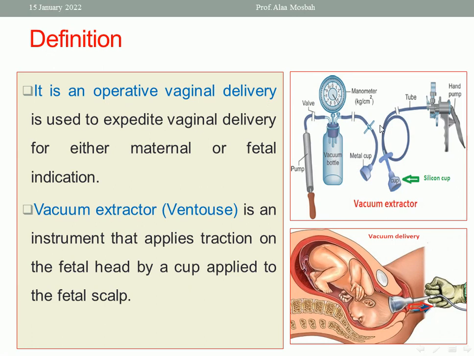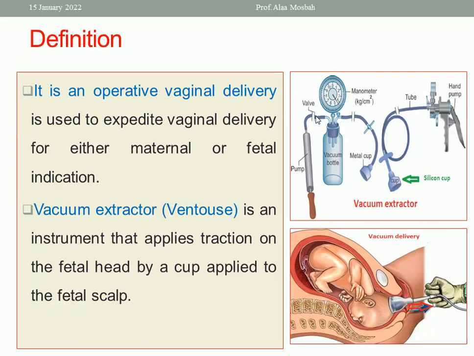What is the vacuum delivery? This is an operative vaginal delivery. So if anybody asks you what is the operative vaginal delivery, we have vacuum delivery and we have forceps delivery. We are talking today about vacuum delivery. Operative vaginal delivery is used to expedite vaginal delivery for either maternal or fetal indication, like distress, for example.